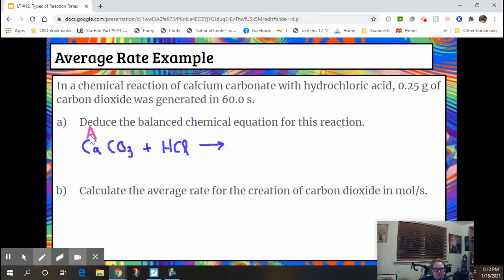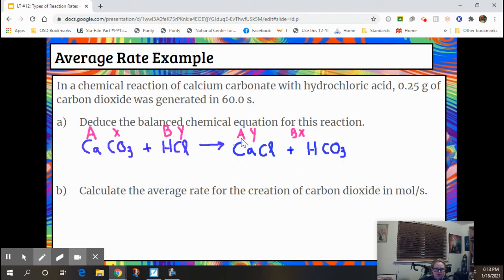And when I say double replacement, I remember double replacement is AX plus BY. We'll make some AY plus BX. Good review there. And I'm going to have my calcium go with my chlorine. And I'm going to have my hydrogen go with my carbonate.